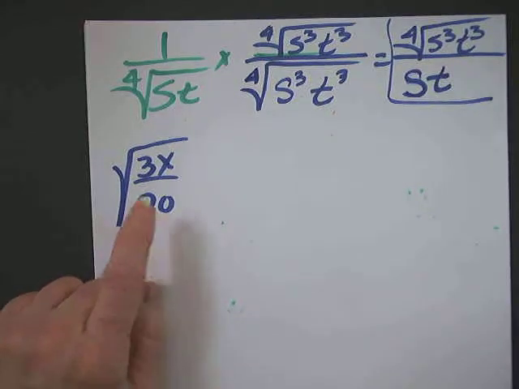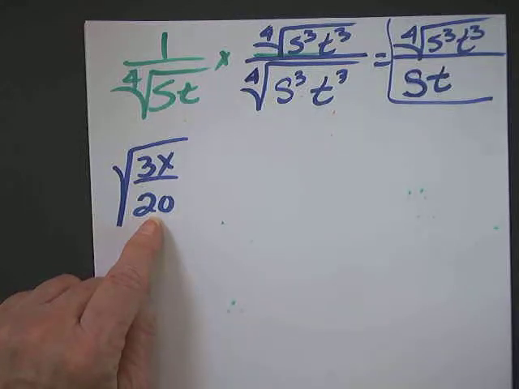Let's do where there's not a variable on the bottom. Let's do 20 or something like that. Let's do square root of 3x over 20.